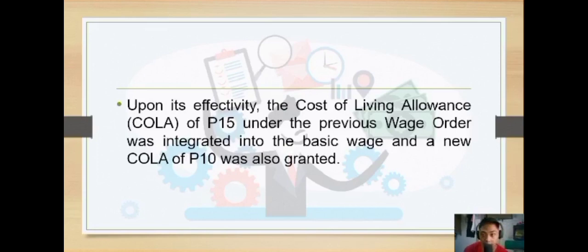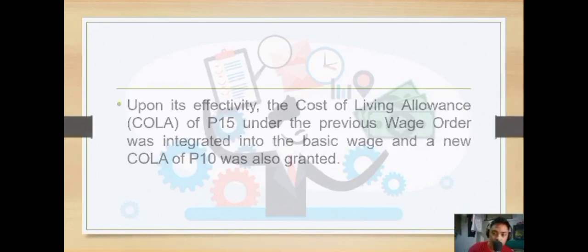So from the previous 15 pesos COLA integrated, the 10 peso COLA of the newly issued wage order was added to increase the minimum wage of minimum wage earners of Metro Manila.